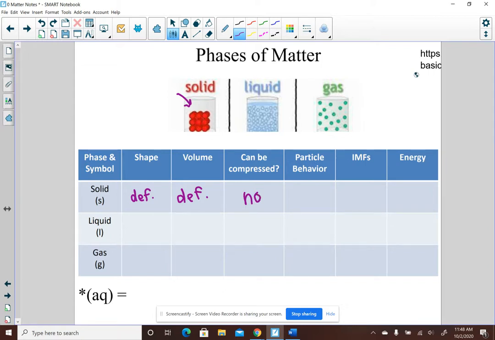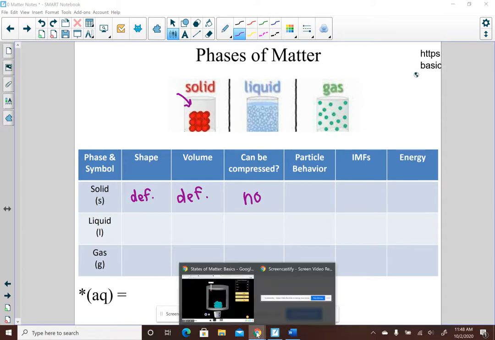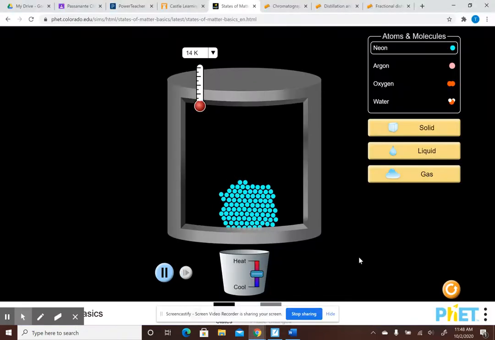As far as particle behavior goes, I want to show you guys an animation. This is just an animation, and we're going to look at all of the phases of matter. And this is an example of something in the solid phase. So particle behavior is what the particles are doing. You can see they're wiggling around, but they're staying in their same position.